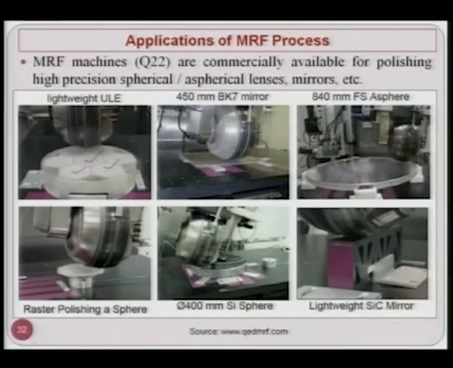You can see this is the wheel, and this is another raster polishing a sphere. This is the workpiece over there, then silicon sphere over there you can see in this particular case, and then a lightweight silicon carbide mirror is there which is being finished, you can see over here in this one.